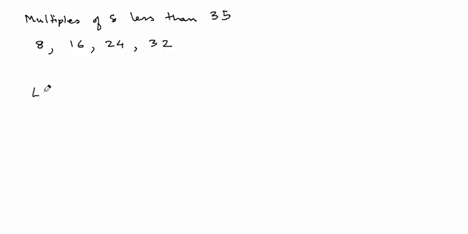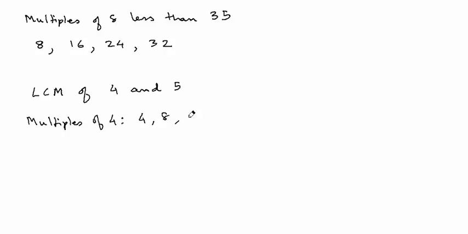Let's find the LCM, or the least common multiple, of 4 and 5. The multiples of 4 are 4, 8, 12, 16, 20, 24, and so on.